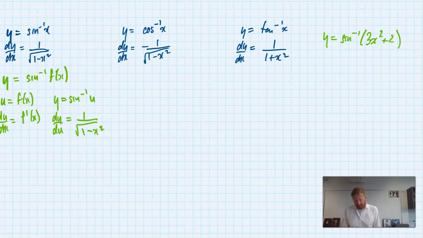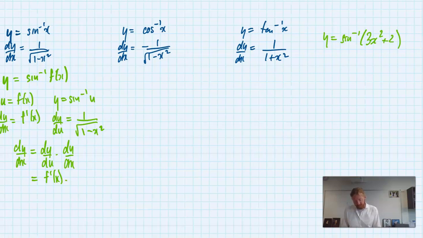Then I come back and I use my nice little trick and I go dy dx equals dy du times du dx, which equals f dash x times 1 on the square root of 1 minus u squared.